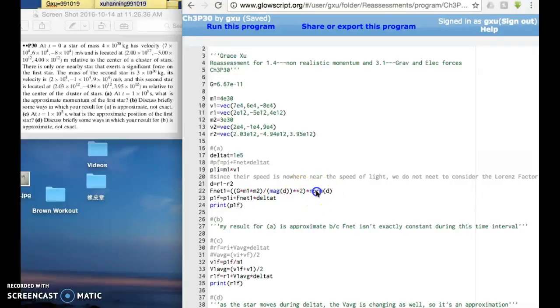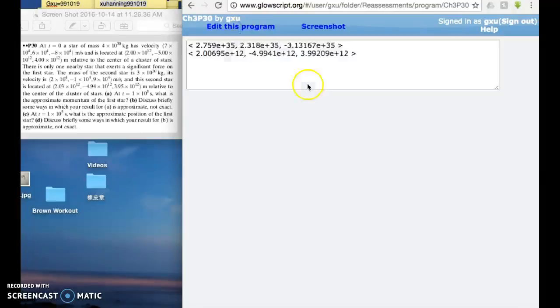And I wanted to make it a vector, so I put in a unit vector there. So now I have all the factors I need to calculate the future momentum. So I just plugged it all in and got this number right here.